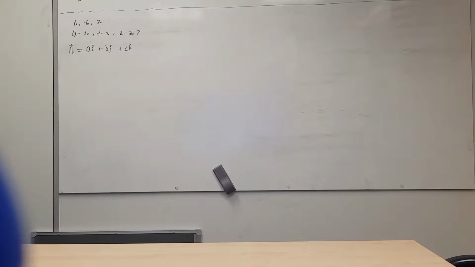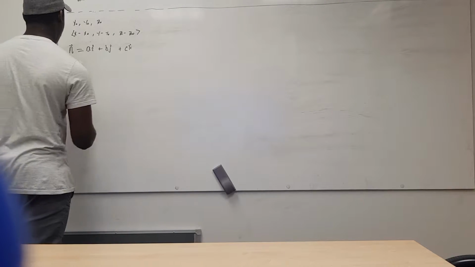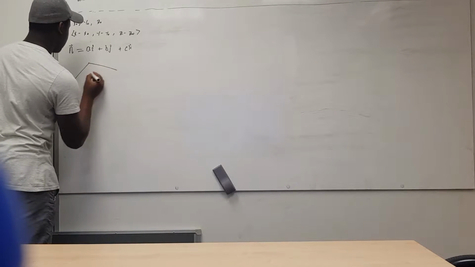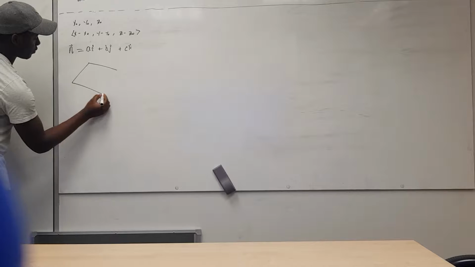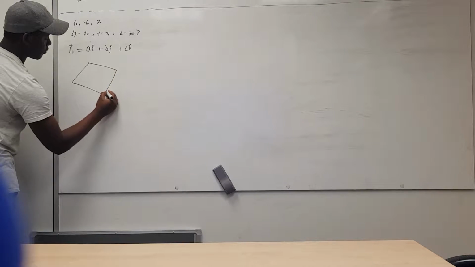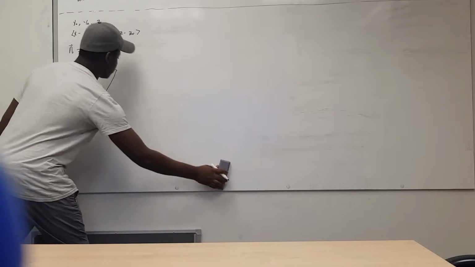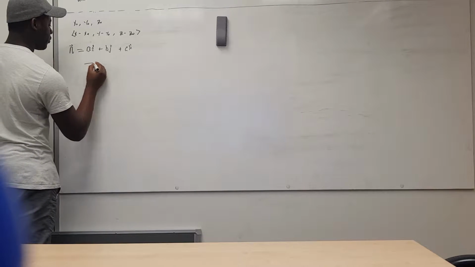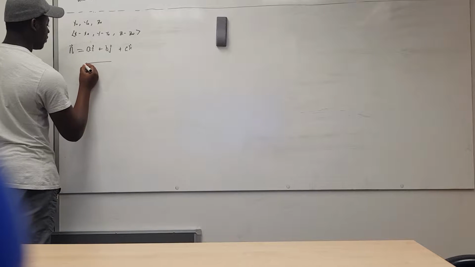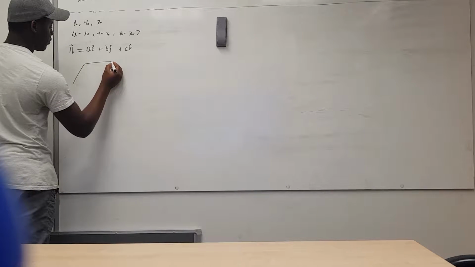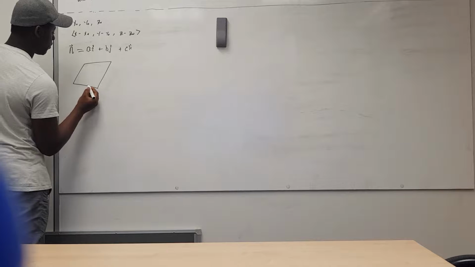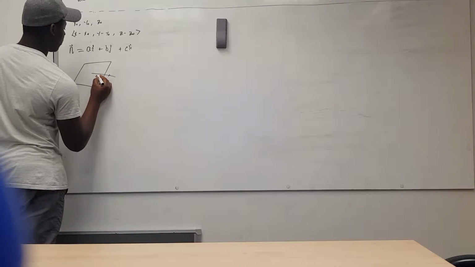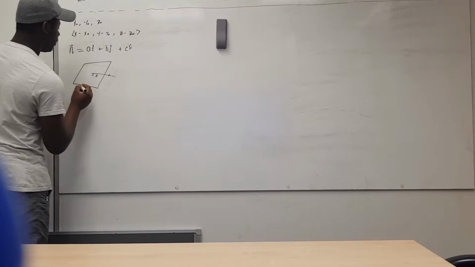So this is a normal vector. For you to geometrically understand this: normal to the plane, so this is at 90 degrees to the plane.